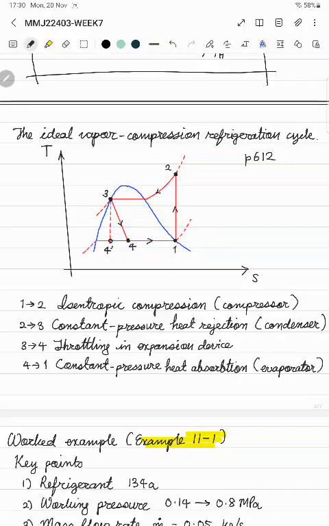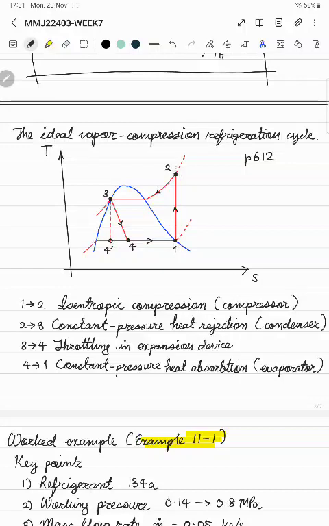The cooling cycle starts from 1 to 2. This is where the compressor compresses the refrigerant, sorry, not the coolant, refrigerant is the more exact term, from state 1 to state 2. This is still in the gas phase, so the process there is isentropic compression.